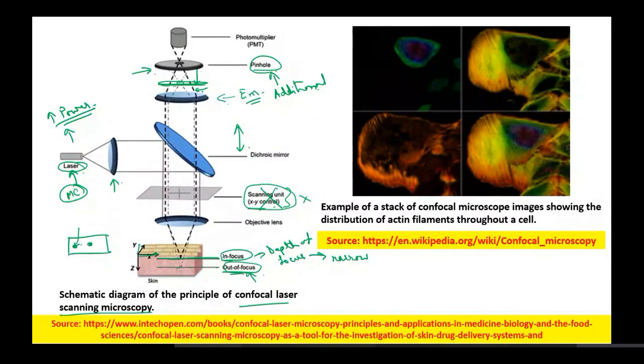If we bring this pinhole downwards, we will be able to get information from within the samples. So in this way, just by moving this pinhole, we will be able to get information about the different layers within the sample.